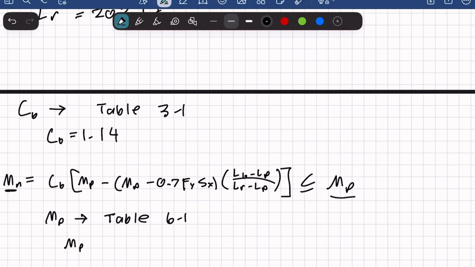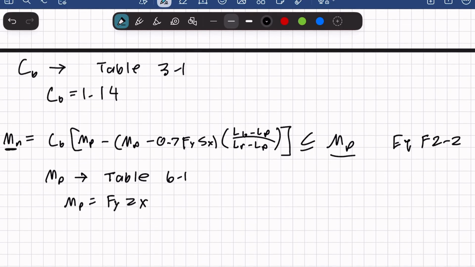Mp is equal to Fy Zx, because we're looking at strong axis bending, and that's literally all there is to it. So with that information, oh, I should have also mentioned, this is Equation F2-2. So with this information, we can start to plug things in and see what we get.